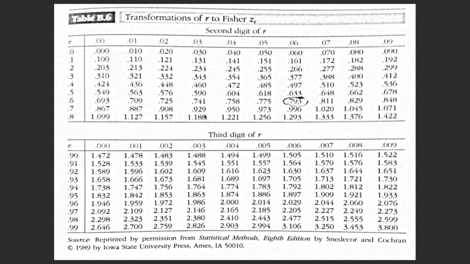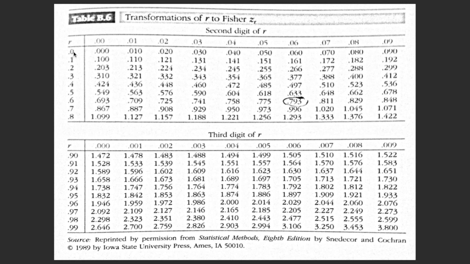So let's do another example. Let's say that our correlation was R equals 0.65. Well, first digit is 0.6, second digit is 5. So for 0.65, the ZR would be 0.775. Let's do one more example. What if our correlation is 0.03?